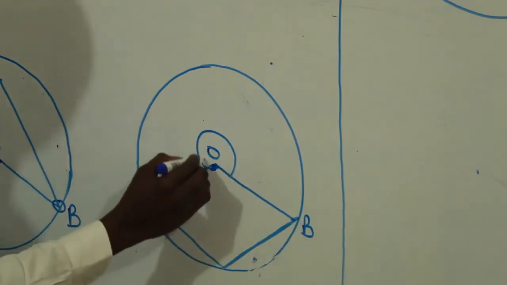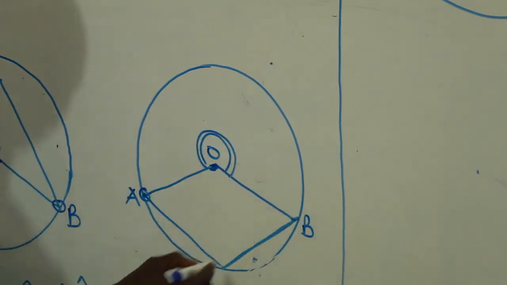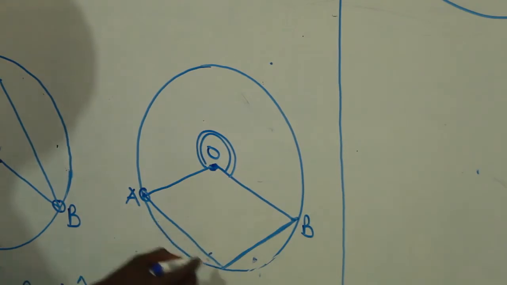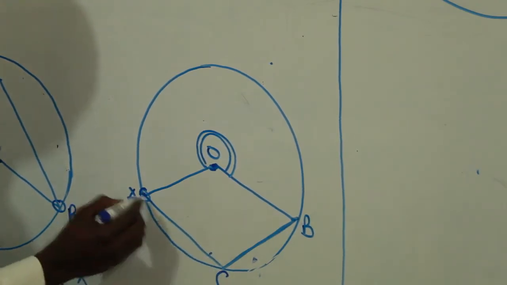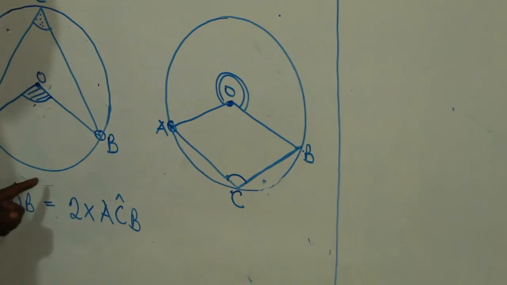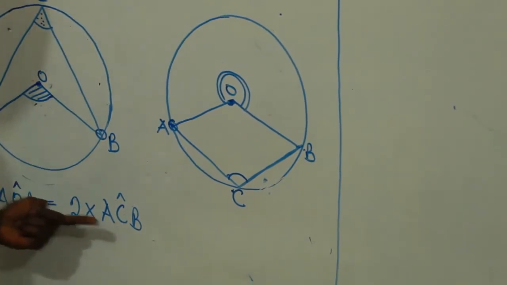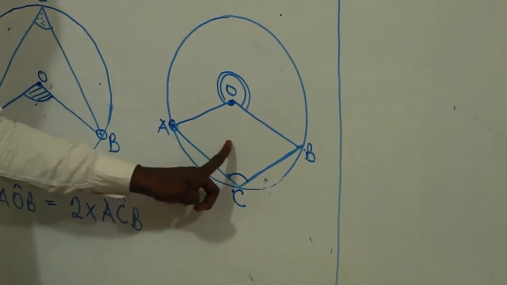So the reflex angle of AOB is 2 times the angle at C, as A, C, and B. I can also put this theorem in this format.